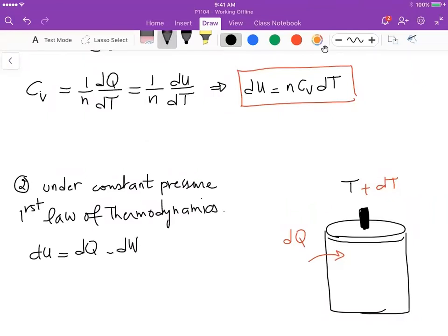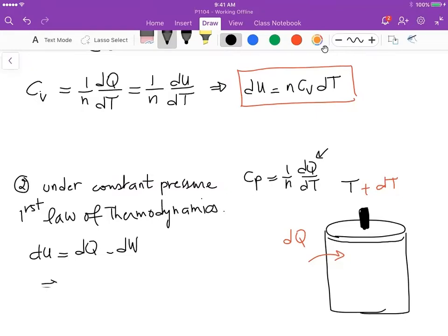Okay, now let's have a look. What we want is to define how much Cp is, right? And Cp is equal to 1 over n dQ over dT, just like we did in the previous part. So we need to determine dQ. We can determine it from the first law of thermodynamics.